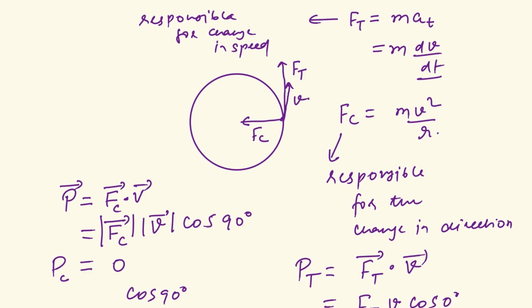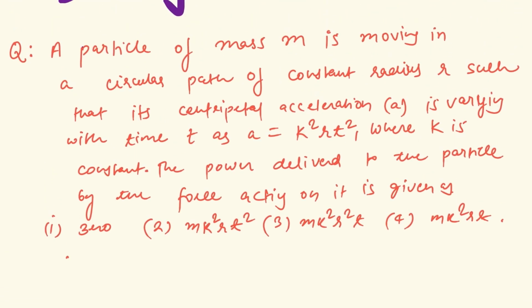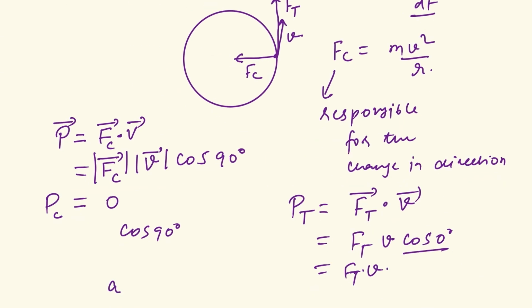So how to calculate v? In the question it is already given that the centripetal acceleration varies with time t as a equal to k square r t square. The centripetal acceleration ac is nothing but v square by r, and this is k square r t square.